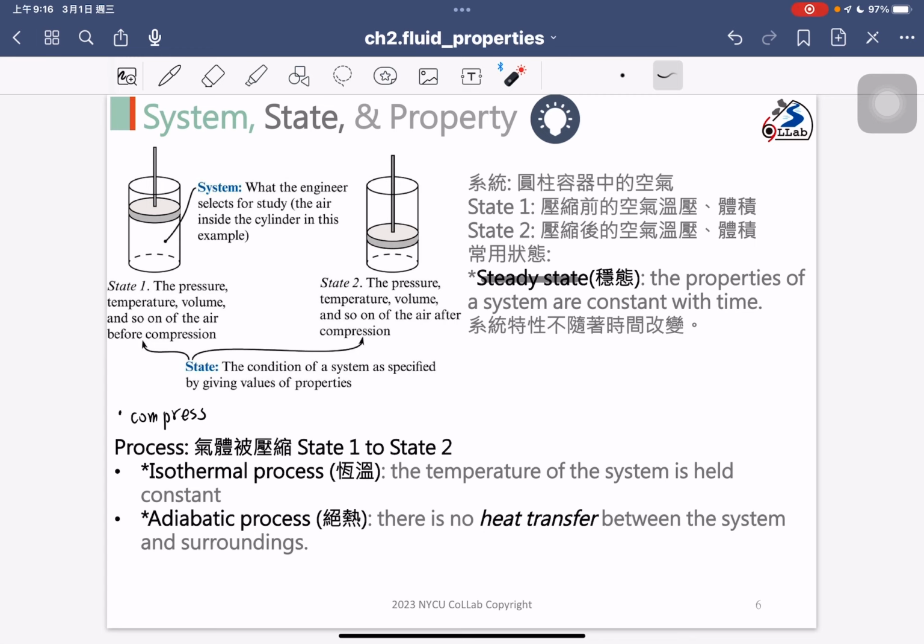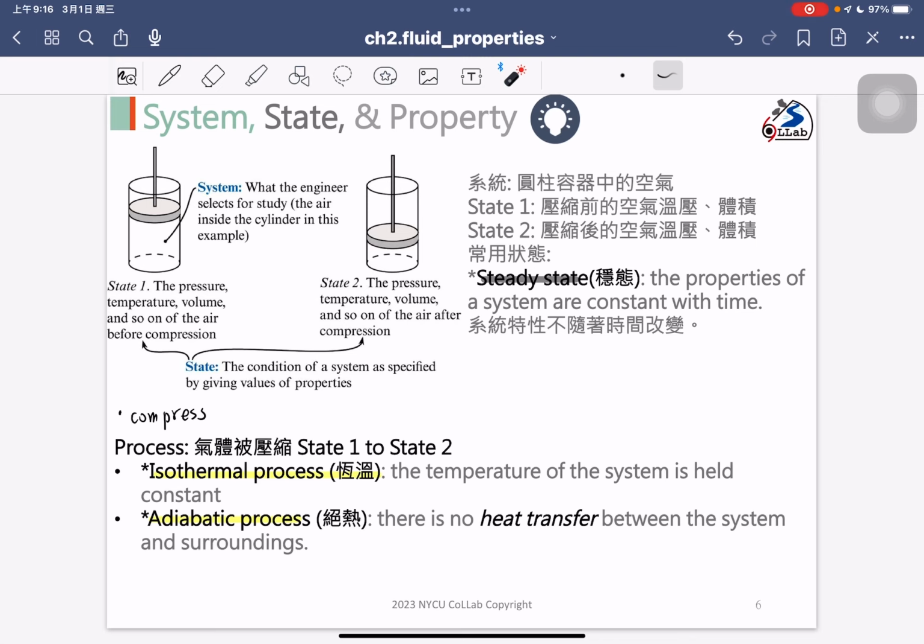Under the compression process, we may have an isothermal process or an adiabatic process. The difference is that in the isothermal process, the temperature of the system is always constant. The adiabatic process means there is no heat transfer between the system and the surroundings.